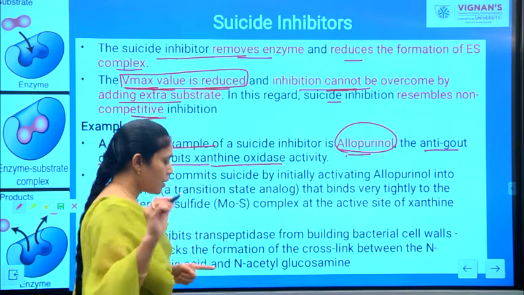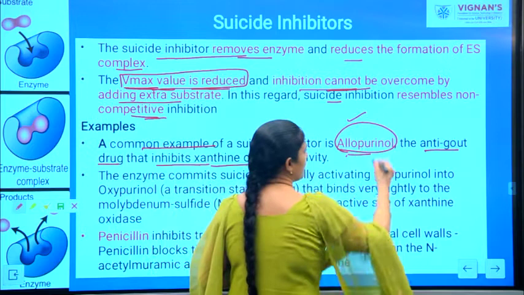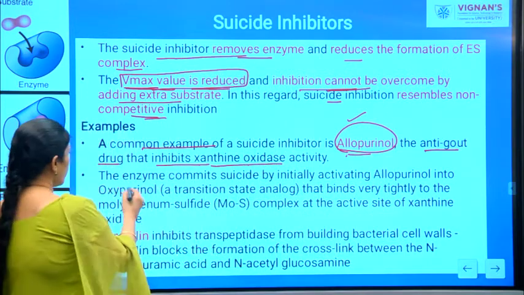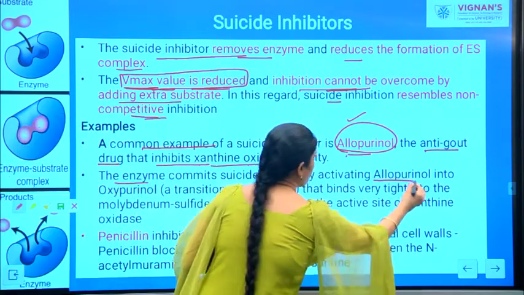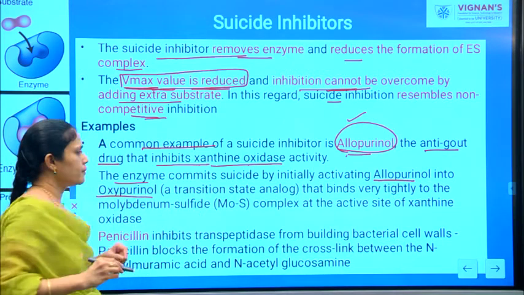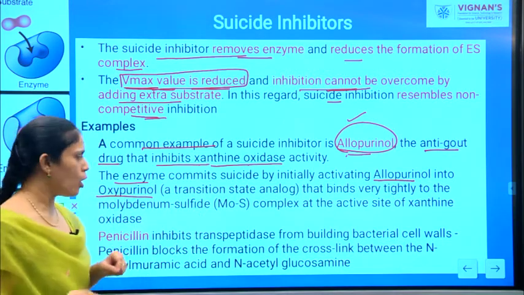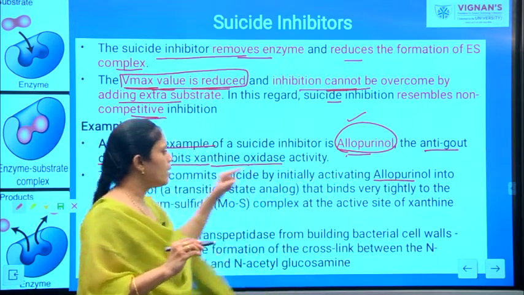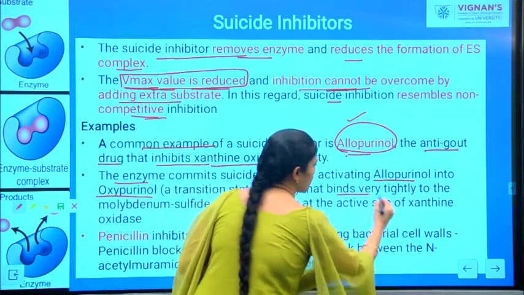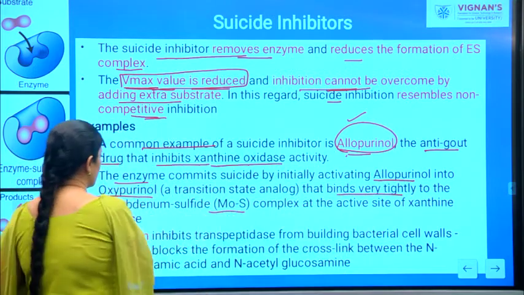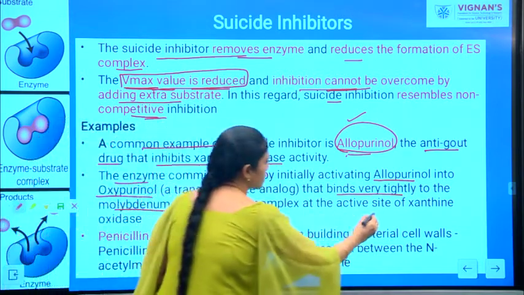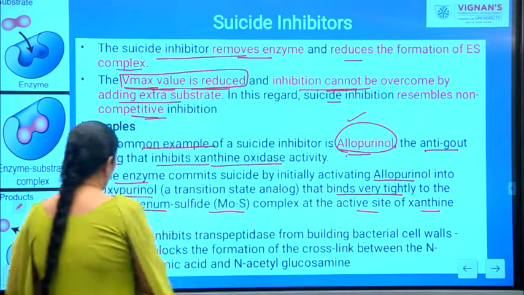Because of this, we are utilizing this inhibitor as an anti-gout drug. Moreover, allopurinol is getting converted into oxypurinol, which is a transition state analog. So, your allopurinol is converted into oxypurinol, which binds very tightly with the MoS, which is nothing but the molybdenum sulfide complex present in the active site of xanthine oxidase.